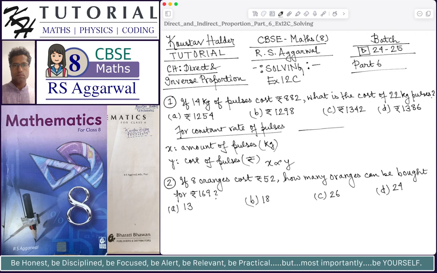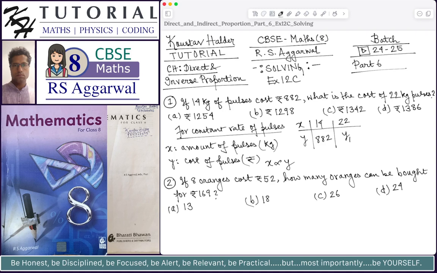So now we can quickly create the table based on the given data. It is saying that 14 kg of pulses costs 882. Now it is asking what is the cost of 22 kg of pulses. So let's say 22 kg of pulses costs rupees y1.